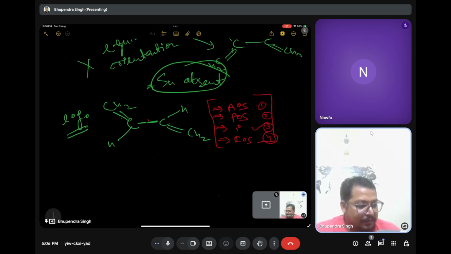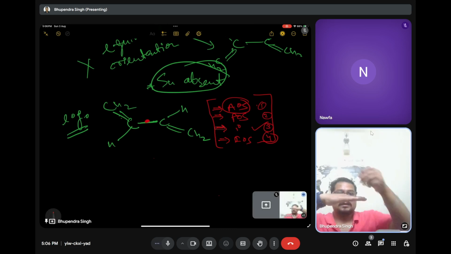So let's say this is axis of symmetry. First you have to find the axis of symmetry. Is there any axis of symmetry you are able to see? That is the question. Let's say this is the axis, and this is a planar molecule.